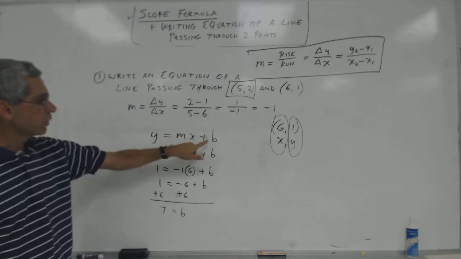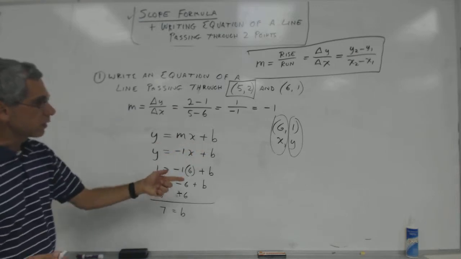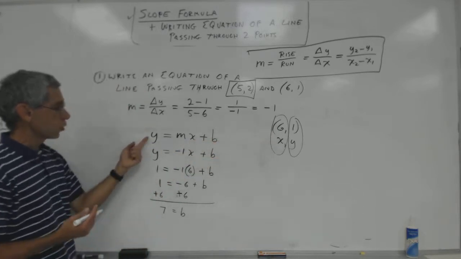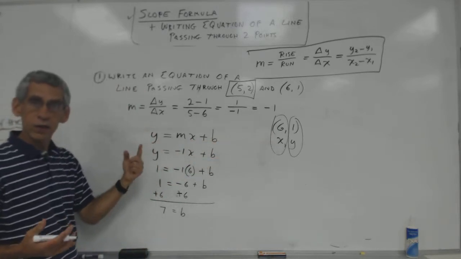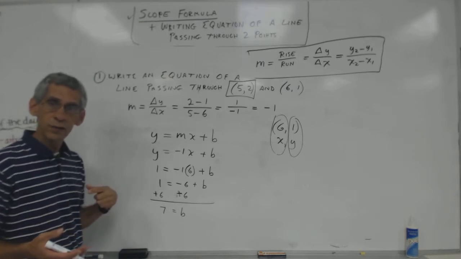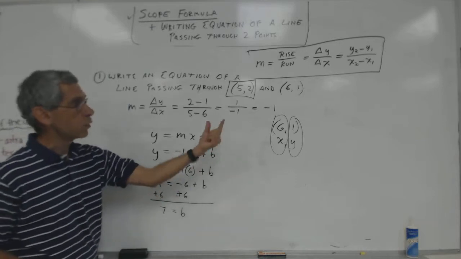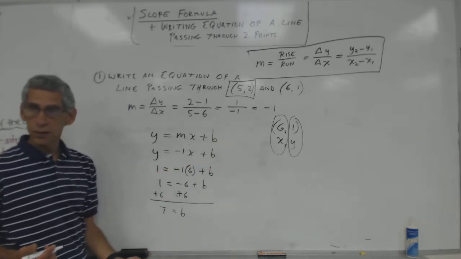We have our slope, we just needed our y-intercept. And now we're going to get rid of the 6 and the 1, and we're just going to go back to y and x to create our equation. Remember, an equation has y equals mx plus b, right? We now know what our b is, and we know what our m is. You with me?